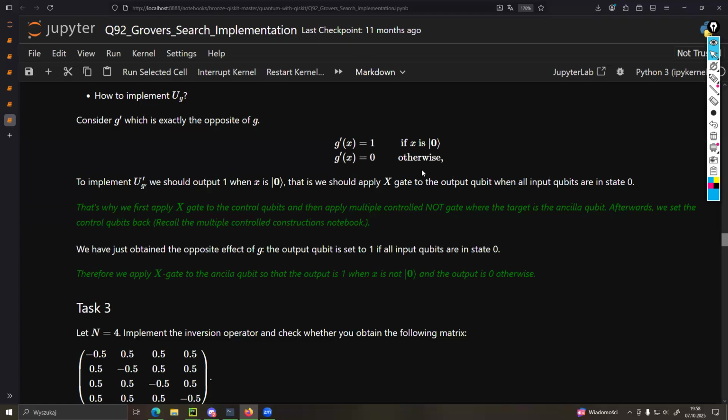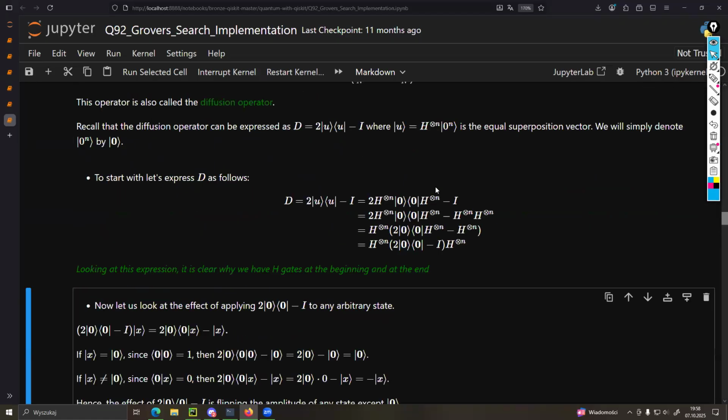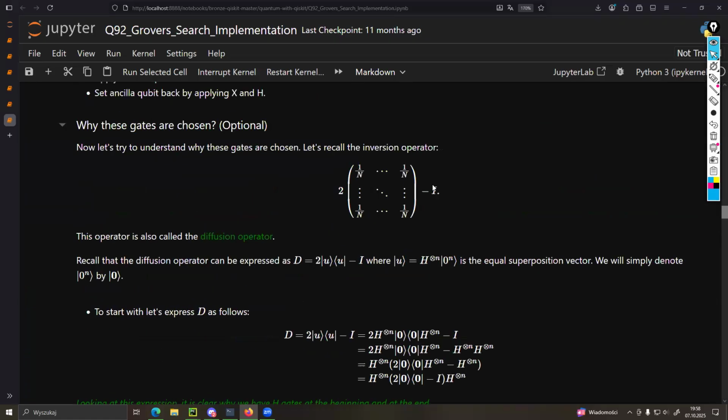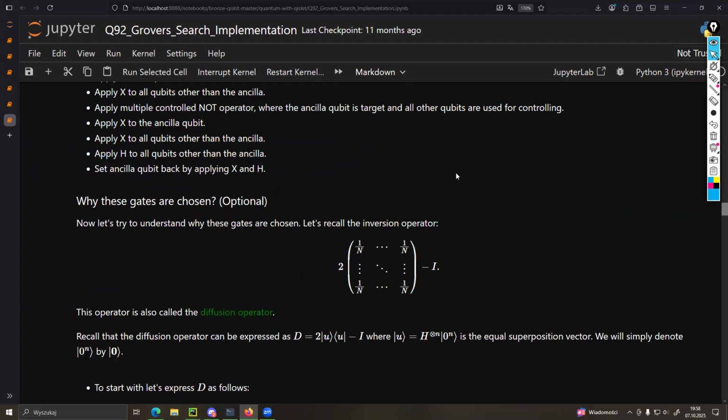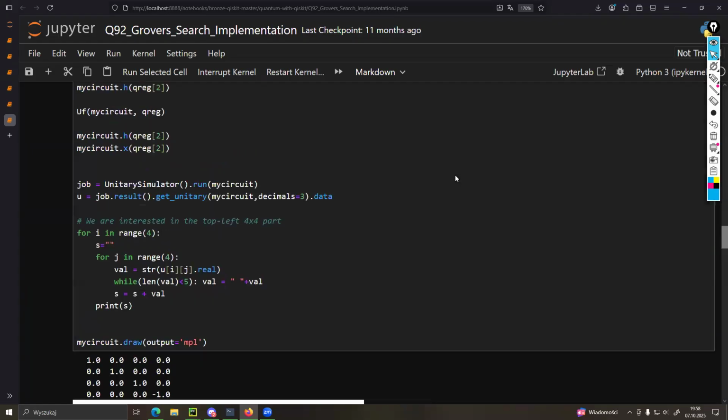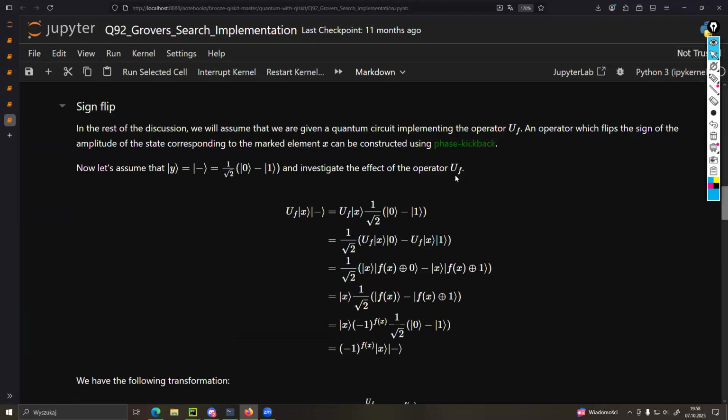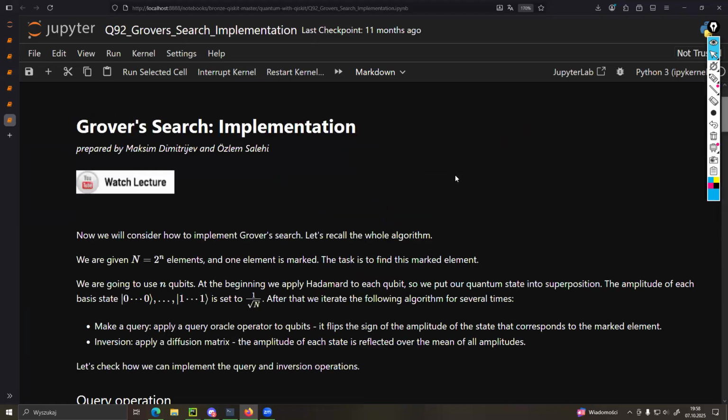Okay, so I am back, and here we have the last notebook, the implementation. For this implementation, we will require exactly the same thing as I have told you about.